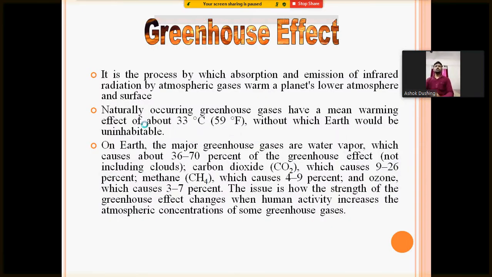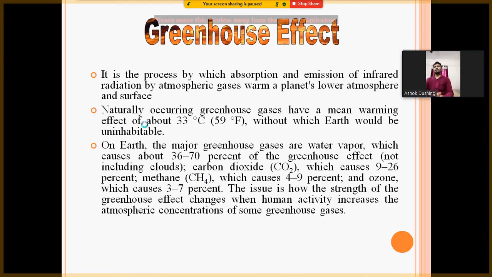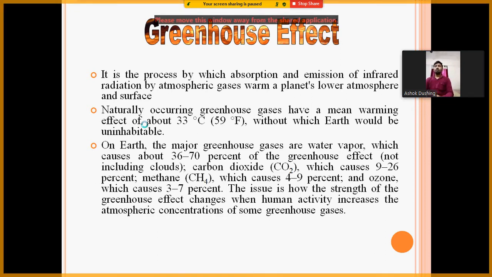So it is the process by which absorption and emission of infrared radiation by atmospheric gases warm a planet's lower atmosphere and surface. Naturally occurring greenhouse gases have a mean warming effect of about 33 degrees, without which Earth would be uninhabitable.